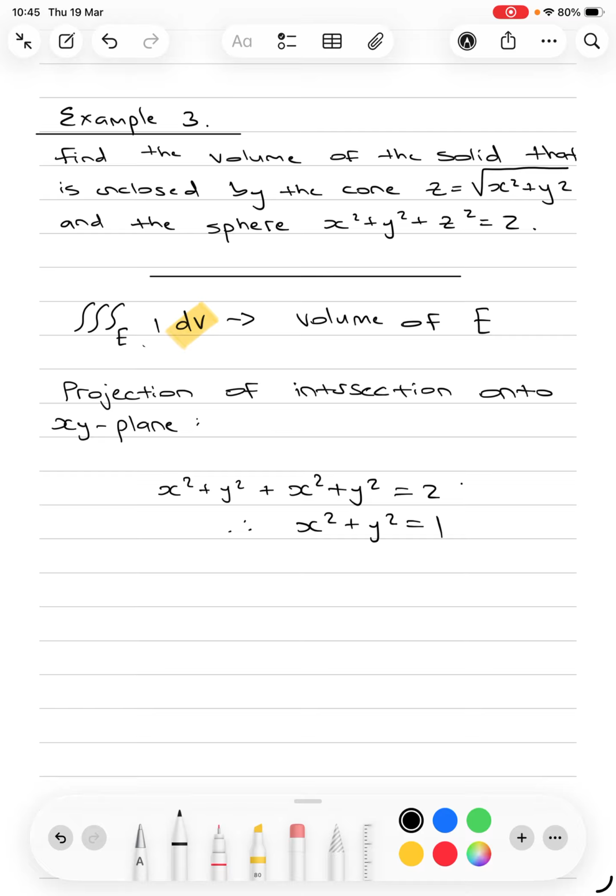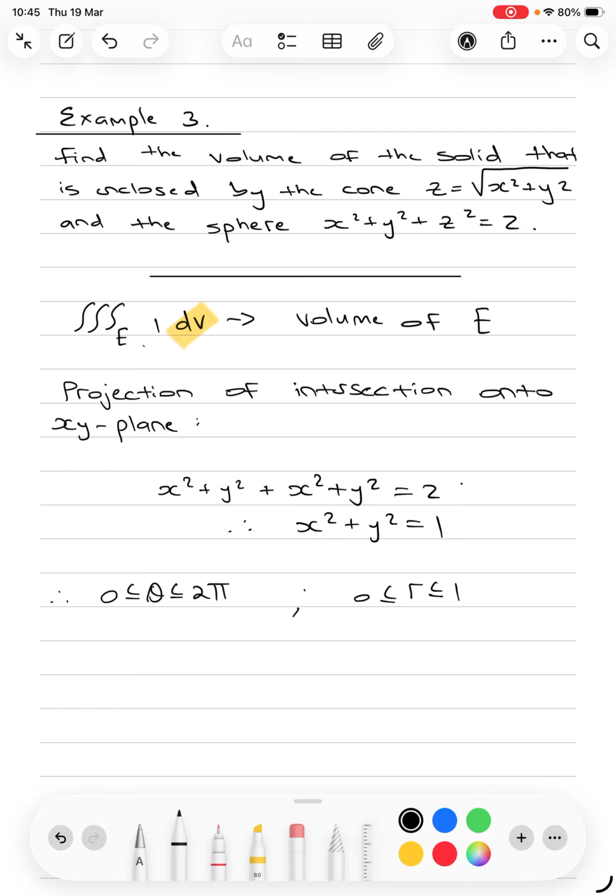So the projection of the intersection onto the XY plane is a circle, easy to express in terms of polar coordinates. All thetas are in play. And r can be smallest 0 and biggest 1. Right, so we're happy with the polar coordinates.